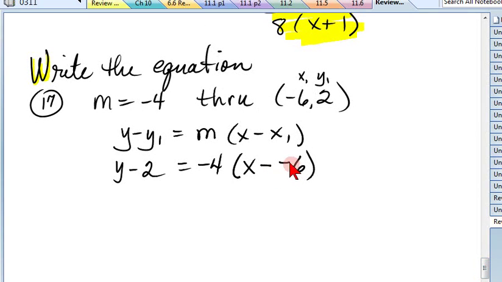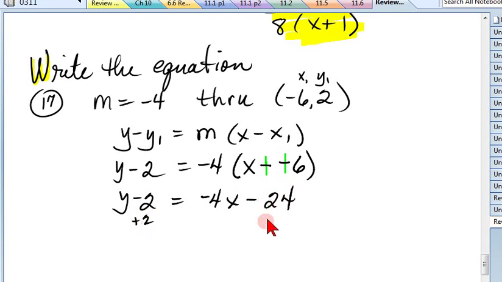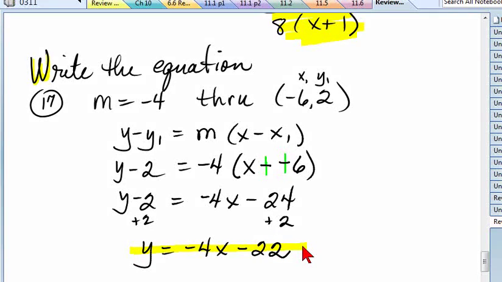Minus minus, plus plus. So I have y minus 2 is equal to, using the distributive property, -4x, and -4 times a positive 6 is -24. Add 2 to both sides, and I will get y is equal to -4x minus 22. And that's the equation of my line. It's in that nice slope-intercept form.